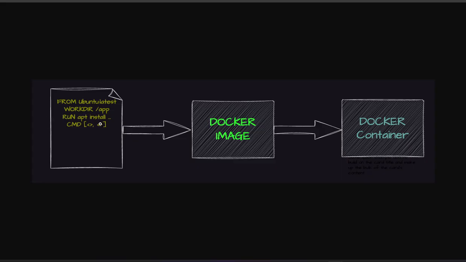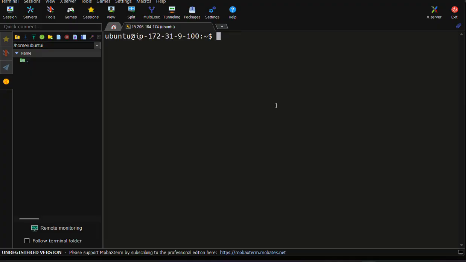First, we write a Dockerfile, and then by building that Dockerfile, we generate a Docker image, and then by running that Docker image we create a Docker container. So here are some steps. First I'll show you one example, a Python app, app.py. This application I will run in my Docker container.